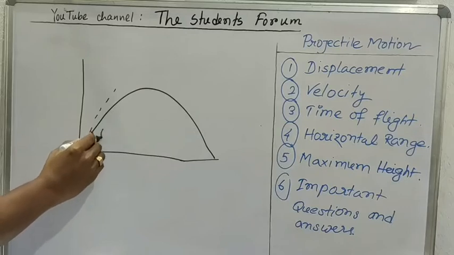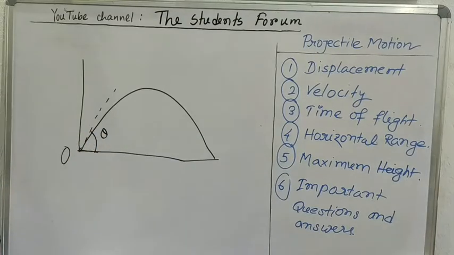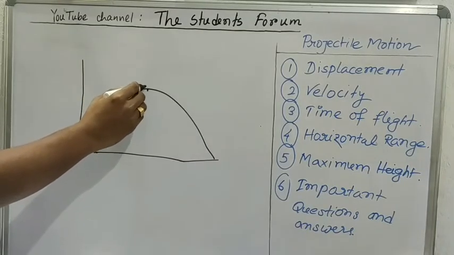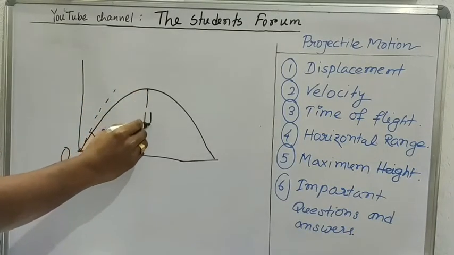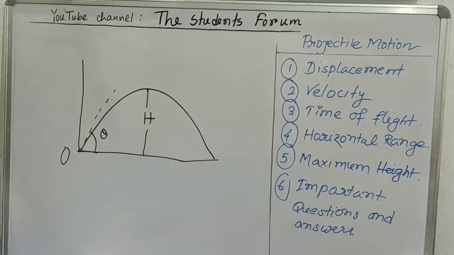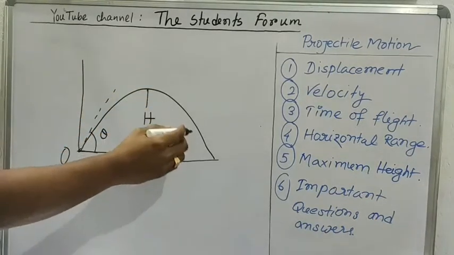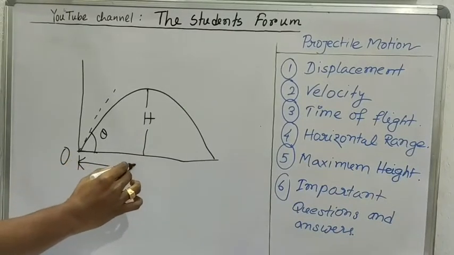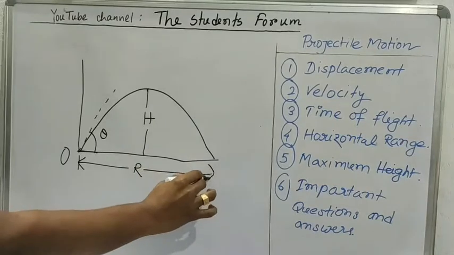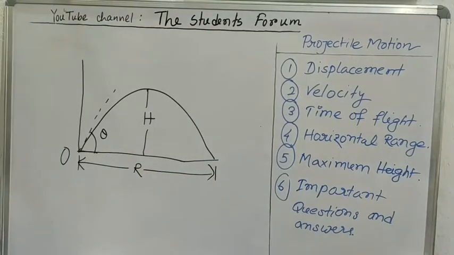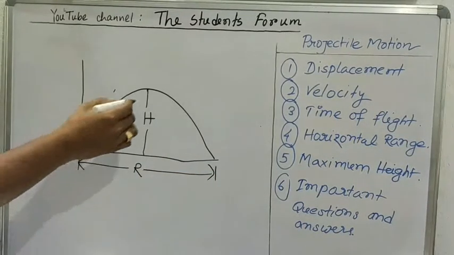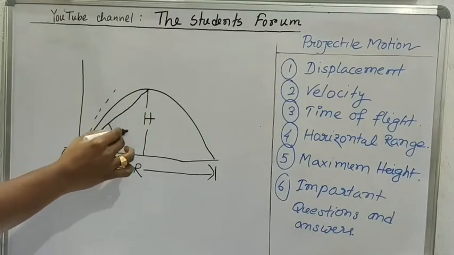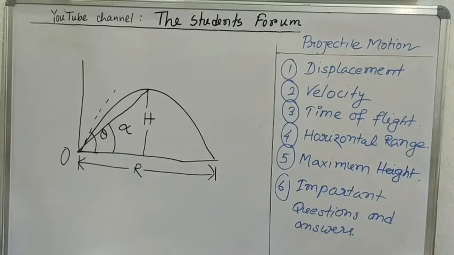This angle is theta, called the angle of projection. After a certain time it will reach the height, which is called the maximum height and denoted by h. The body will go to a horizontal distance. The distance is called the range of the projection, denoted by r. The angle between this point and the initial point is denoted by alpha.